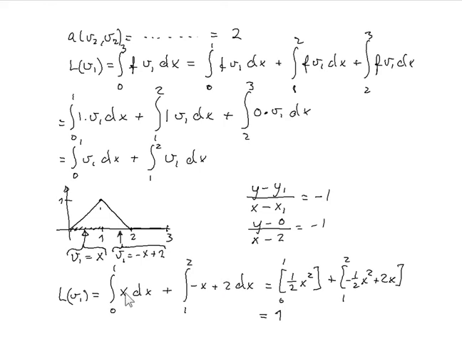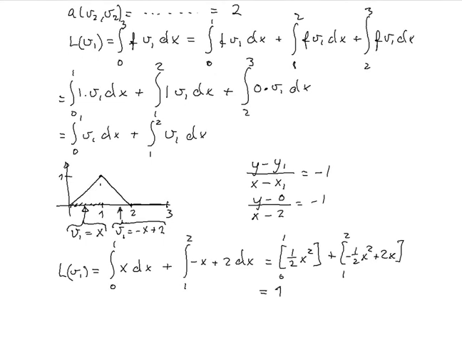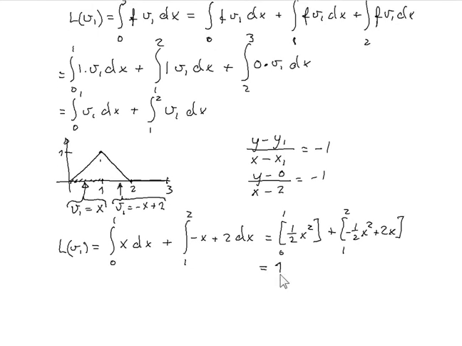The antiderivative of this function x is half x squared, and we put in the limits here, 0 and 1, and here we find the antiderivative of this function, and put the limits here. And it's really trivial to compute this integral. It turns out that L of v1 is equal to 1.